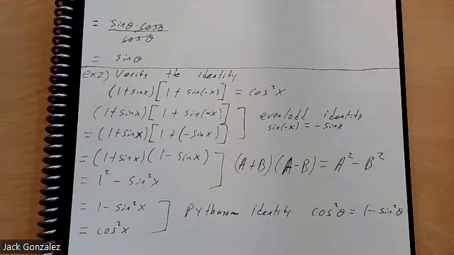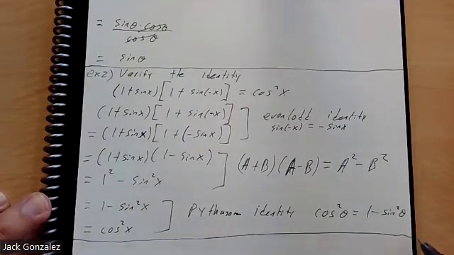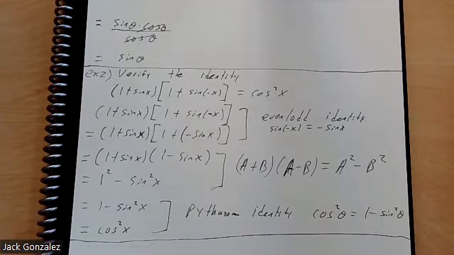Any questions on number 1 or 2? Is it okay? You took the square from the one for just. Yeah, 1 times 1 is the same as 1. 1 to any power is 1. Doesn't matter.